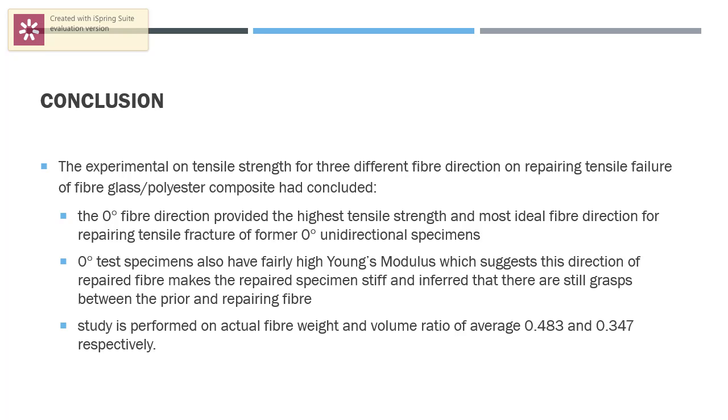So the conclusion of the study, the experiment on strength for 3 different fiber directions on repairing tensile failure of fiberglass polyester composite, is that the 0-degree fiber direction provided the highest tensile strength and is the most ideal fiber direction for repairing tensile fracture of former 0-degree unidirectional specimens. 0-degree test specimens also have fairly high Young's modulus, which suggests this direction of repair fiber makes the repaired specimen stiff and infers that there are still grafts between the prior and repairing fiber.